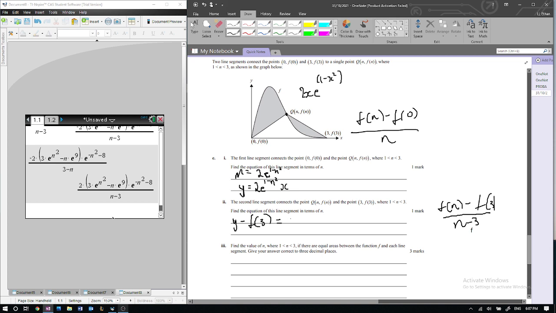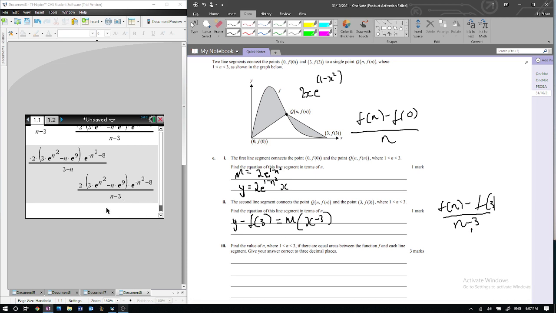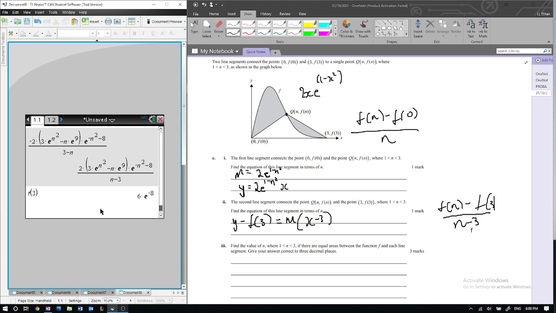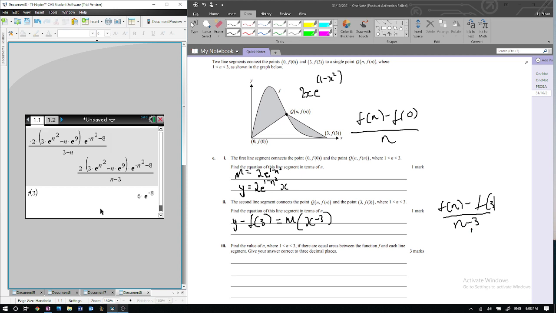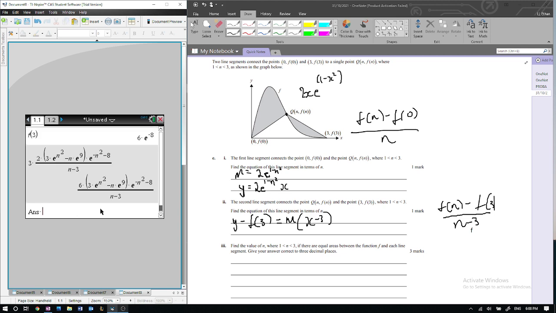It's equal to m times (x minus 3), plus f(3). So what's f(3)? f(3) is that. It's looking so big. Times x minus 3.